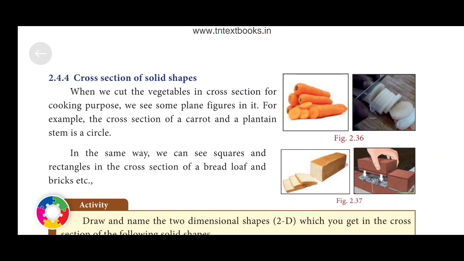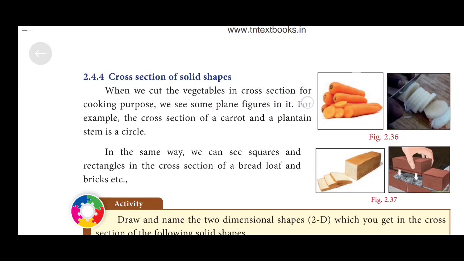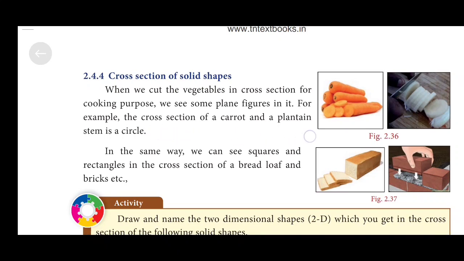Okay, so cross section of solid shapes. So cross section means what? When we cut a solid shape, what will we get? So here, when we cut the vegetables in cross section for cooking purposes, we see some plane figure in it. For example, the cross section of a carrot and a plantain stem is a circle.